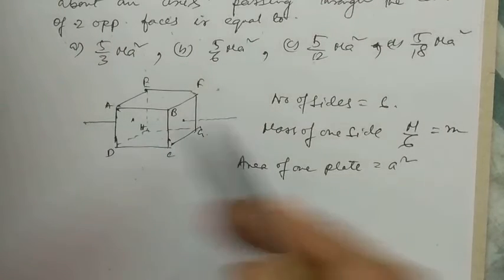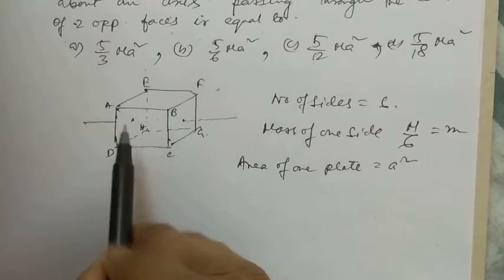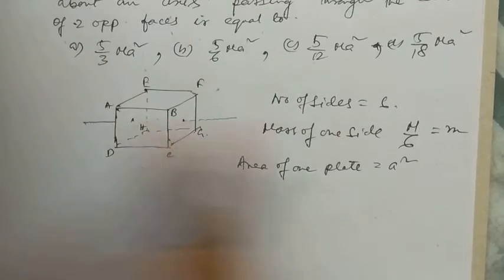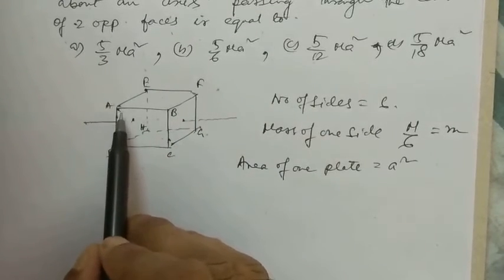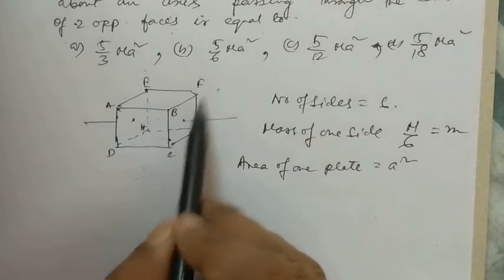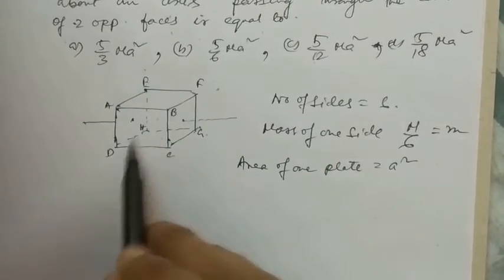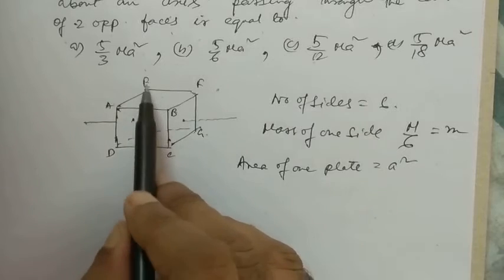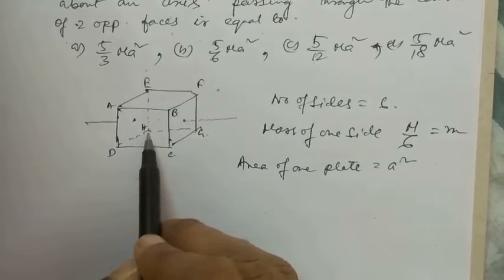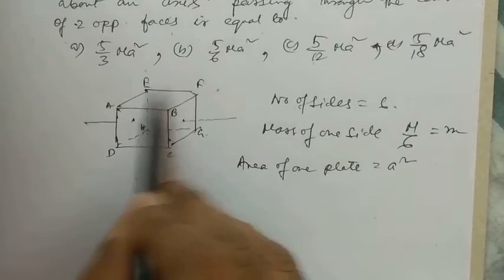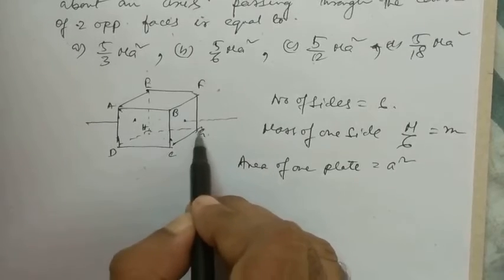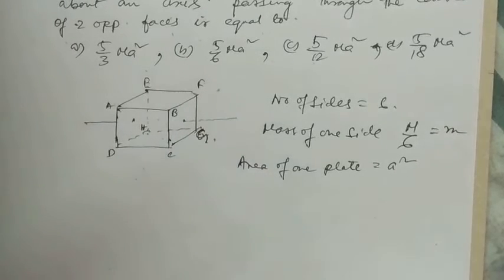We can solve the problem in 2 parts. One part is to take any one of the sides, like ABFE or ADCB or EFGH, sorry, it's not C, GH.